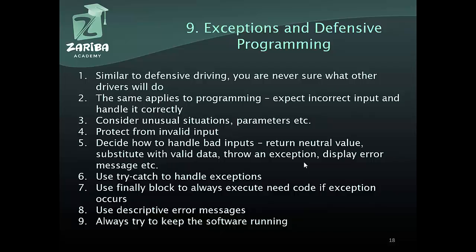So in the example of the triangle, how would you handle bad inputs? We have two checks there. One of them, we want the numbers to be positive, and after that we check if it complies with the triangle rule. So how would you solve or handle each of them?